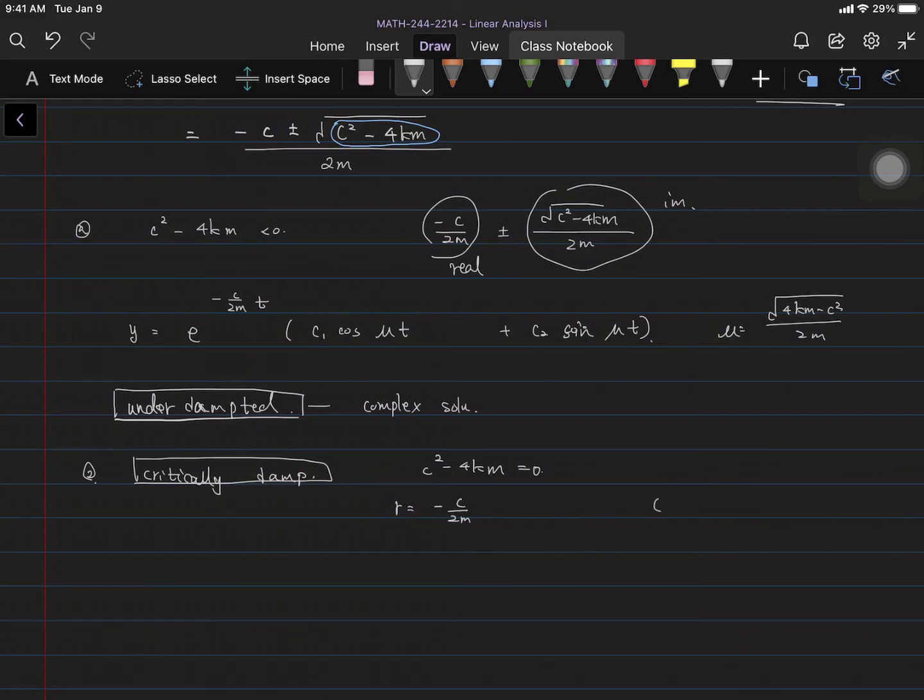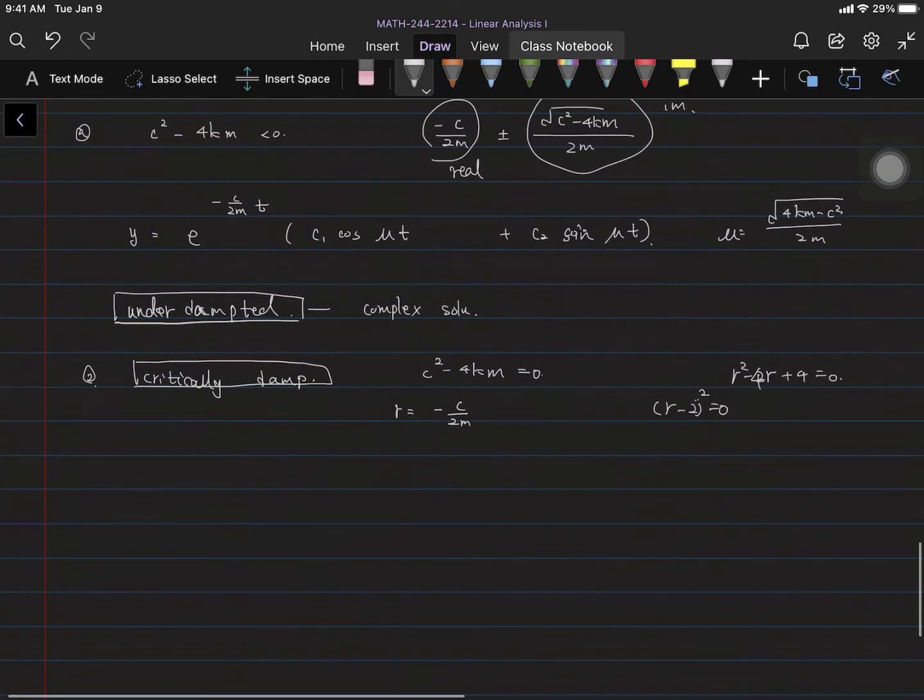It's kind of like, for example, R minus 2 squared equals 0, the quadratic R squared minus 4R plus 4 equals 0. This quadratic has two solutions, but those two solutions are the same thing, repeated twice.